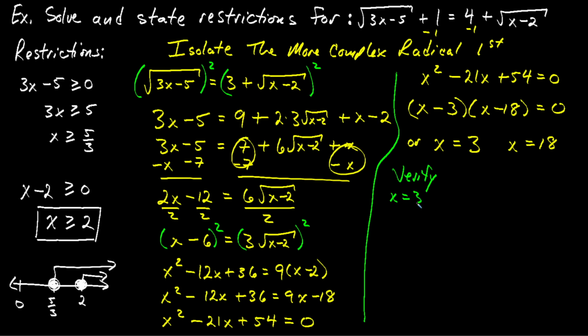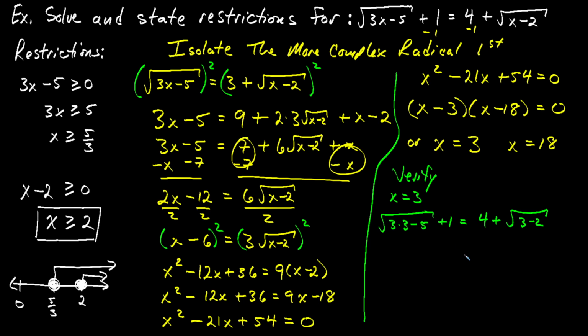So if I verify x equals 3, go back up to my original. So I've got the square root of 3 times 3 minus 5 plus 1 should equal 4 plus the square root x minus 2, so 3 minus 2. All right, 3 times 3 is 9, minus 5 is 4.